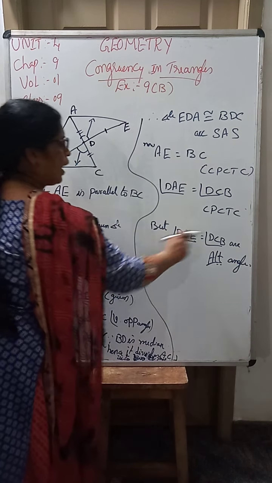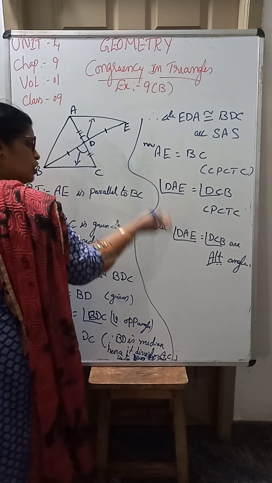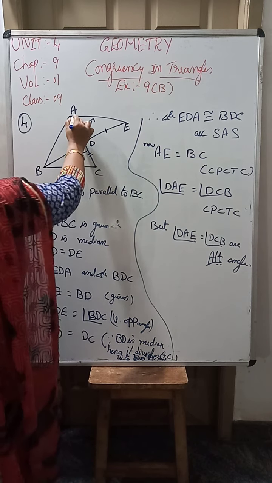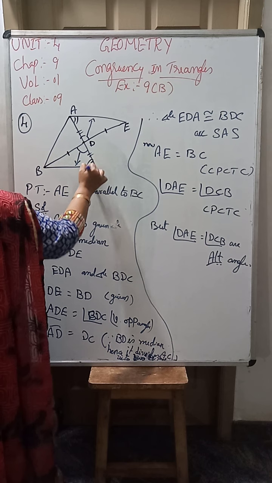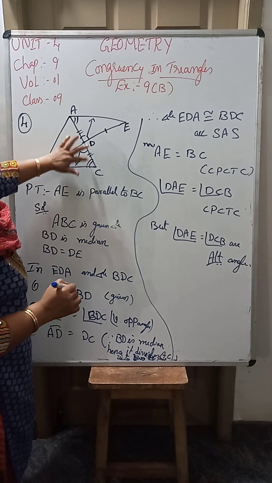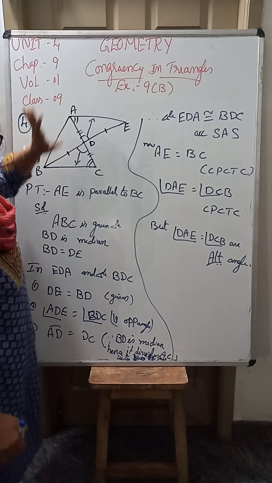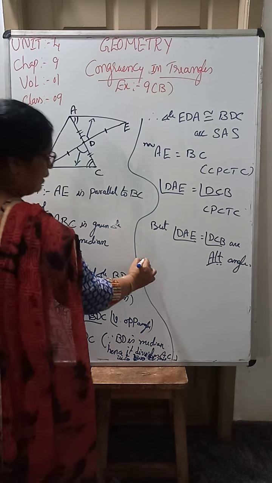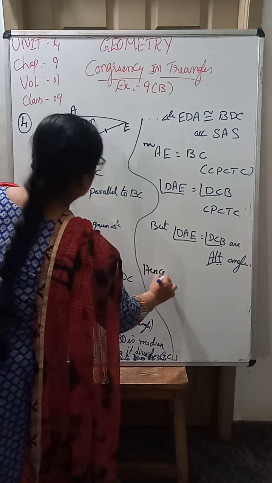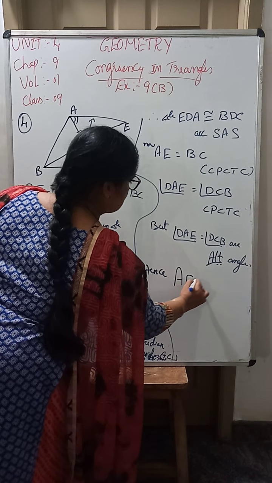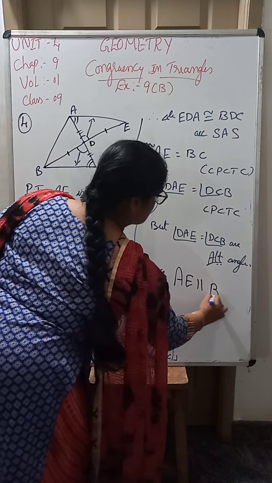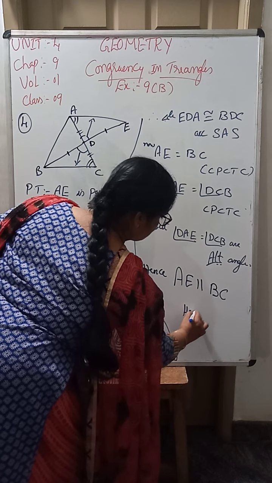If these two angles are equal and the relation between these two angles is alternate, if alternate angles are equal, hence AE is parallel to BC. Hence proved.